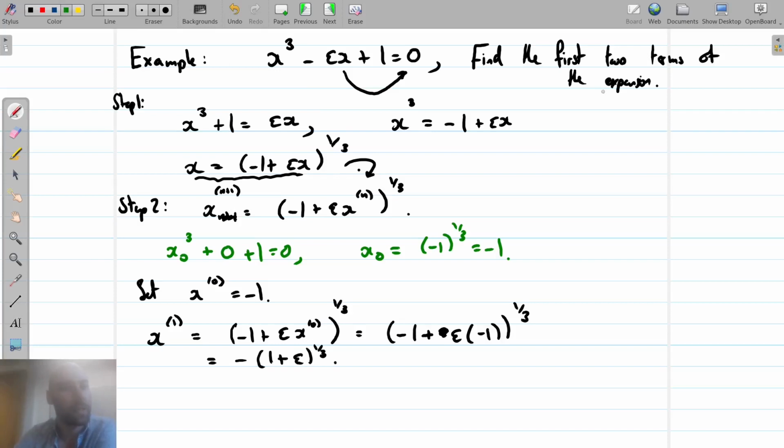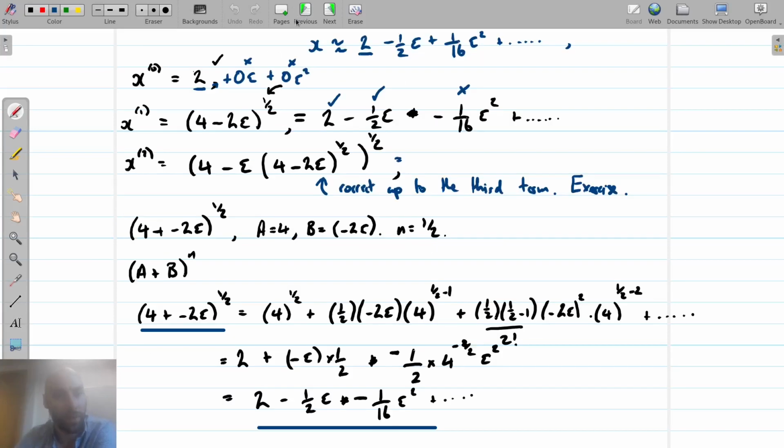Now I did a little bit of engineering, so I said that we only want the first two terms of the expansion. So the question is, do I need x2? Let's go across to our previous example. x0 gave us the first term, x1 gave us the first two terms, and x2, if we expand it, would give us the first three terms.